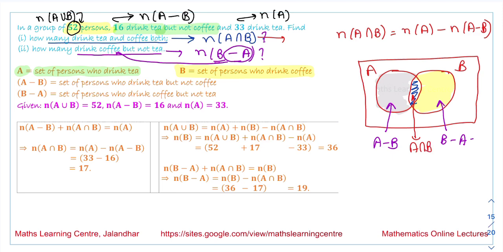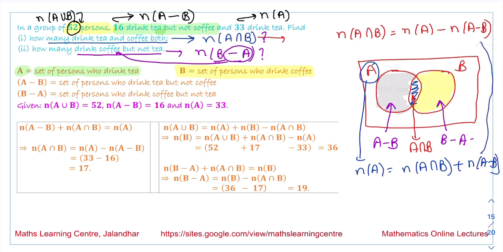So for the number of elements of A, the formula we have is number of elements in A intersection B plus number of elements in A minus B. By rearranging the terms, we get that number of elements of A intersection B is equal to number of elements of A minus number of elements of A minus B, and this formula is used over here.